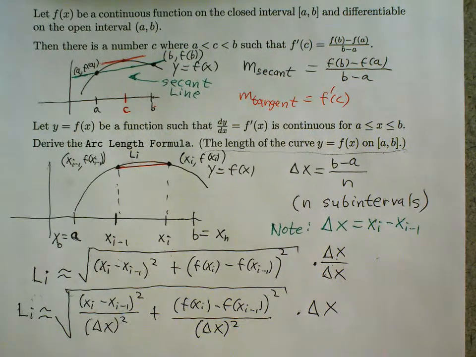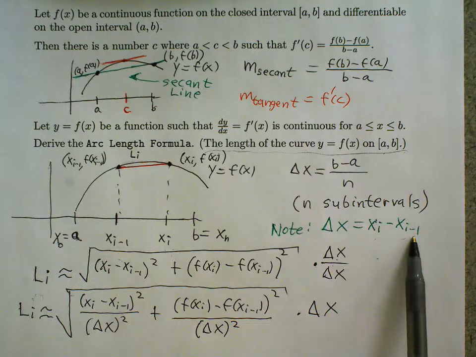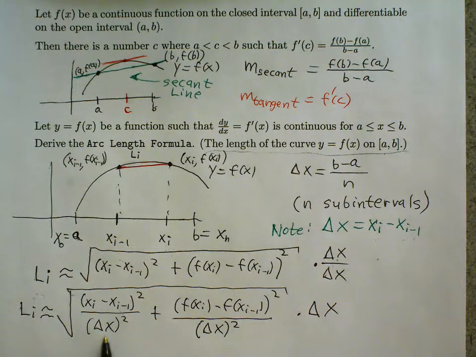Well, delta x is just x sub I minus x sub I minus 1. So the term on the left is going to simplify to 1.